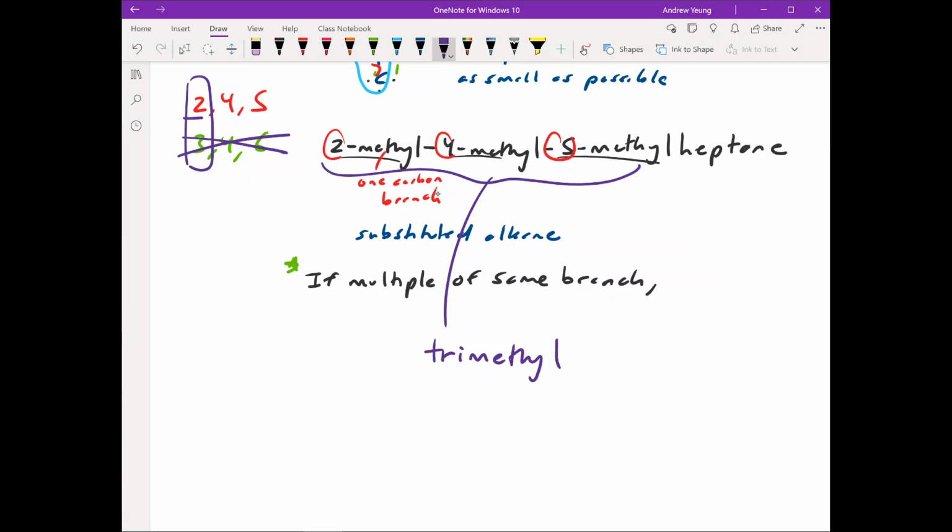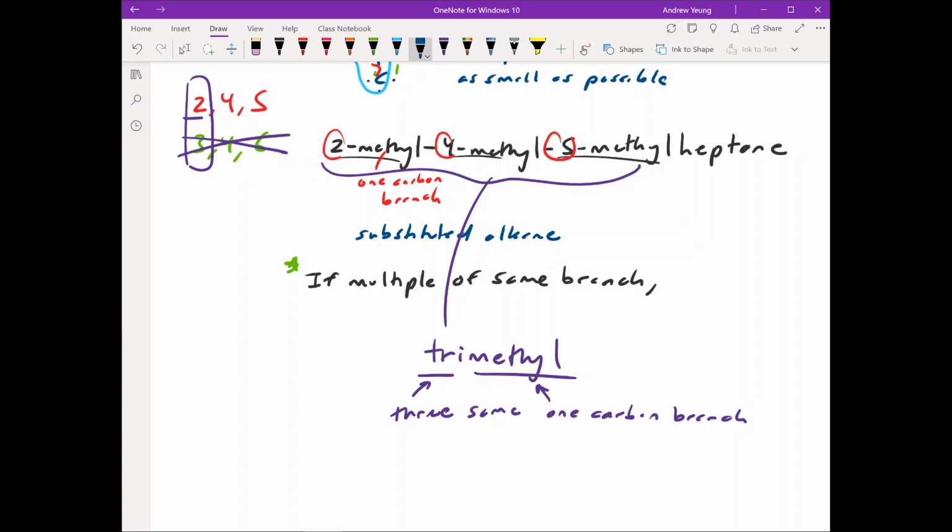The tri tells you we have 3. We know that prefix from before. We have 3 of the same methyl branch, 3 of the same 1 carbon branch. They're identical. So that saves me the hassle of writing 2-methyl, 4-methyl, 5-methyl. But we have 3, and I still need to imply where they are.